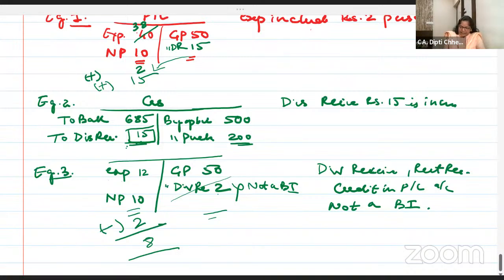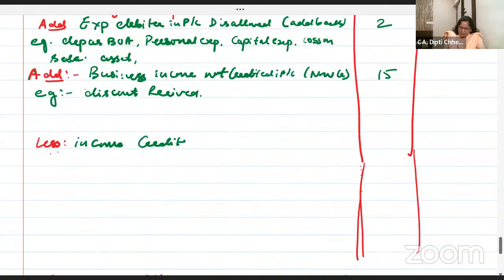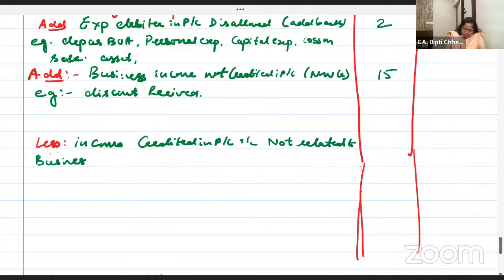Less में लिखेंगे हम. Income credited in P&L account. Income is credited in P&L account, not related to business. Example. Dividend received, rent received.